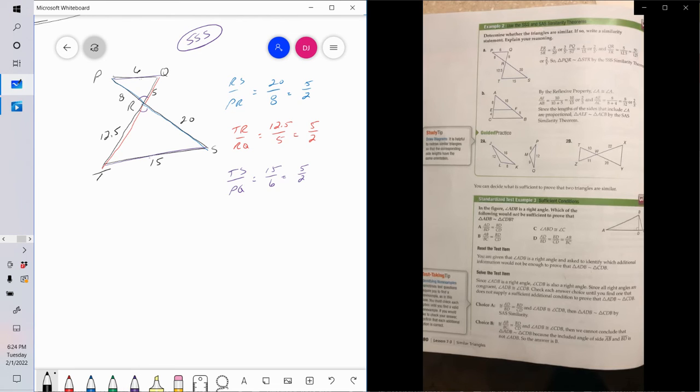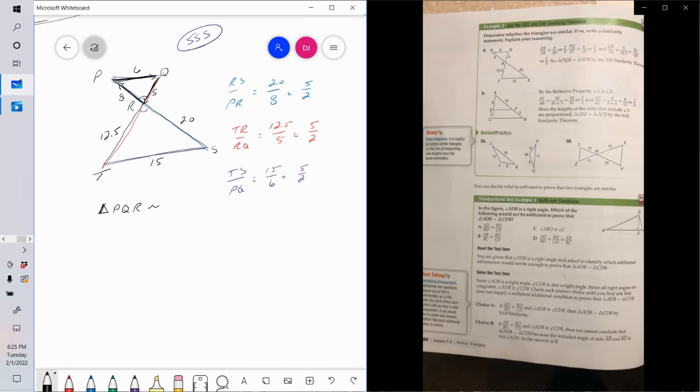The last thing I need to do here is to get a similarity statement. So triangle, I'm going to do the little one first, PQR is going to be similar to which triangle? And it's going to kind of go around. PQ is this segment from P to Q. QR is that segment, and RP is the third segment this way.